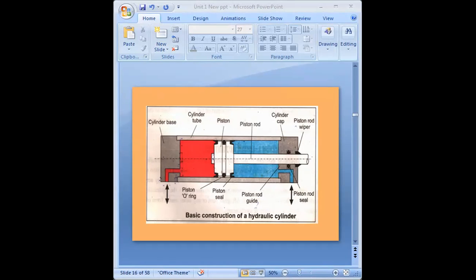So, see the importance of the diagram. If your diagram is correct, that means your explanation is correct. But without a diagram, the explanation has zero weightage. So the diagram is very important.